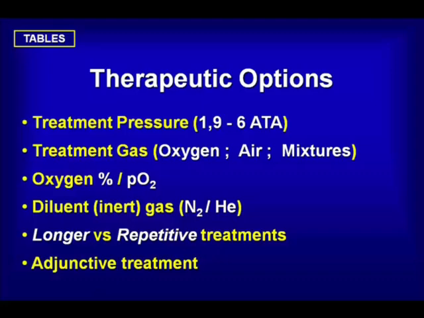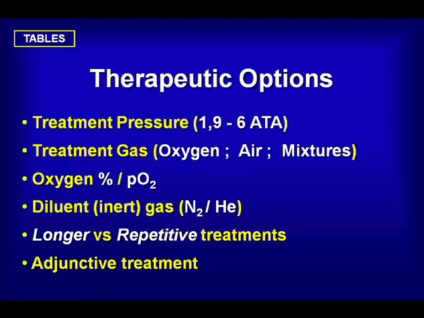Within these decisions, the oxygen percentage and thereby the partial pressure may be chosen deliberately for operational, safety or therapeutic reasons. The inert gas, or so-called diluent gas, may also be selected based on operational, safety or breathing resistance considerations, and is typically either nitrogen or helium.